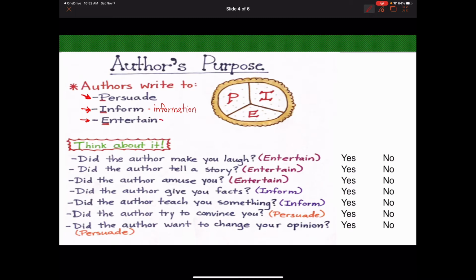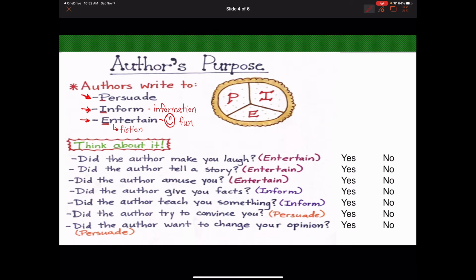And entertain us means that they want to make us feel a certain way. They want to give us a story that we can enjoy, and they want us to have fun reading what they wrote. Okay? Entertain usually comes from fiction text, like storybooks.